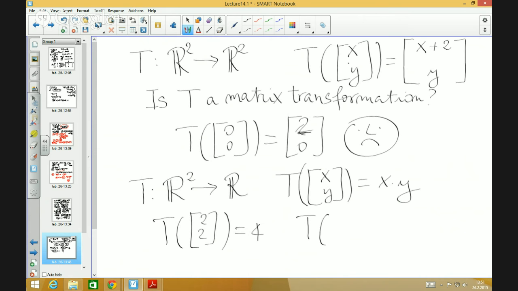Now, if T were linear, that should be the same as T of 2 times (1, 1), which is 2 times T of (1, 1). But what is T of (1, 1)? It's 1, because 1 times 1 is 1. 2 times 1 is 2. Ouch, that's not 4. So, not linear.